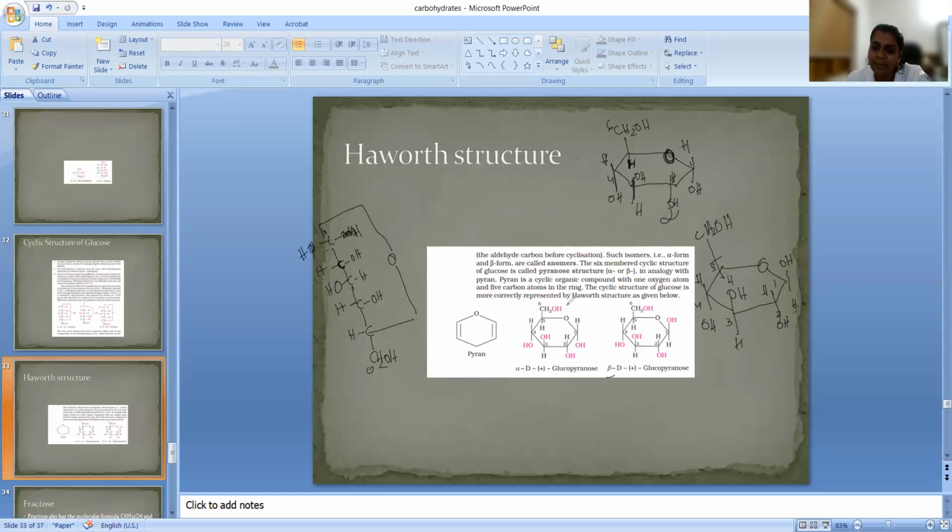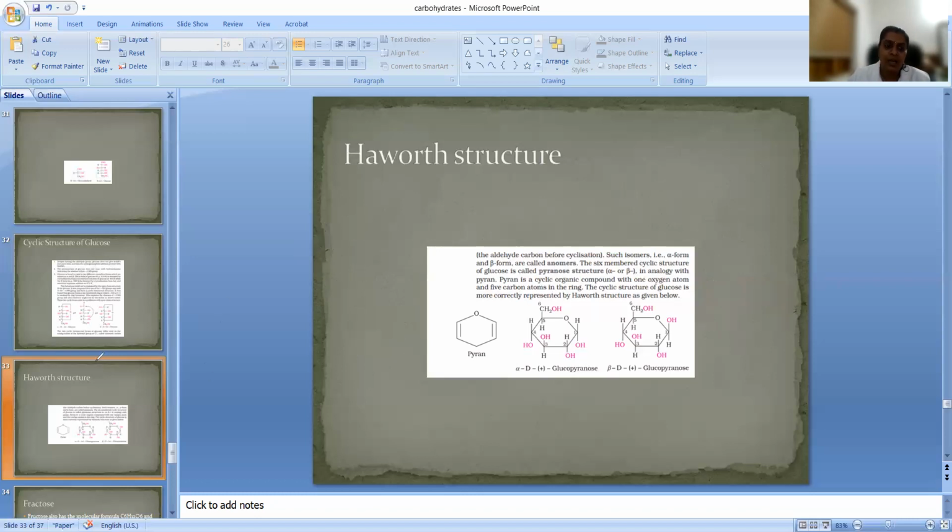In this way we will be representing the Haworth structure. Those groups written on the left side we will represent up, and those present on the right side we will write down, and CH2OH should always be up. We start the first carbon from here. In this way, we will write the pyranose structure.